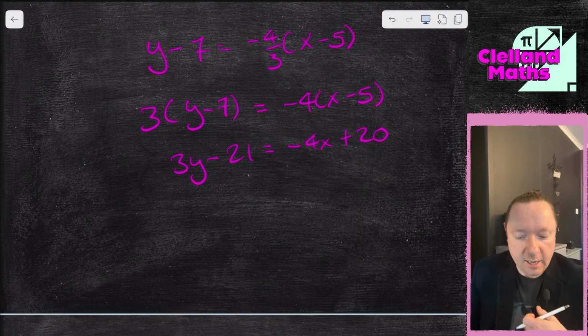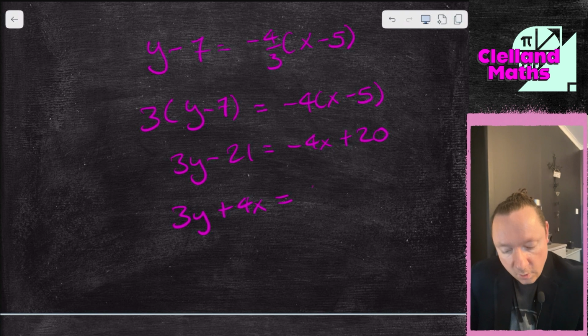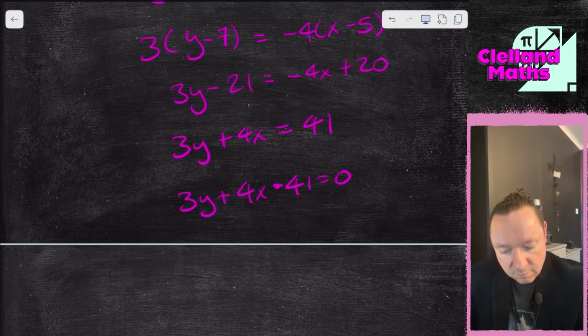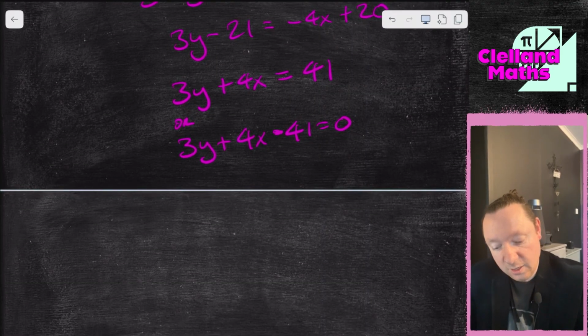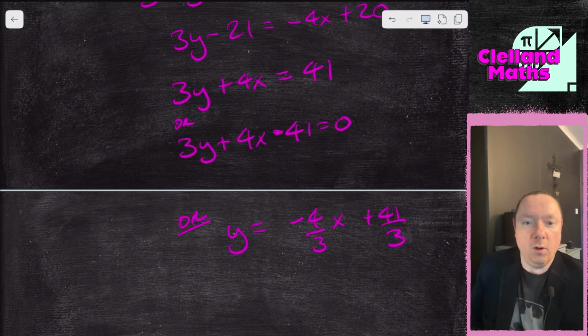Now you can't really leave it like that, so I'll take the x's to the same side and take the numbers to the same side, so you get 3y plus 4x equals 41. That's one option, or you could have 3y plus 4x minus 41 equals 0. Or if you really wanted to have y equals, it would be minus 4 over 3 x plus 41 over 3. I probably wouldn't bother leaving it like that.